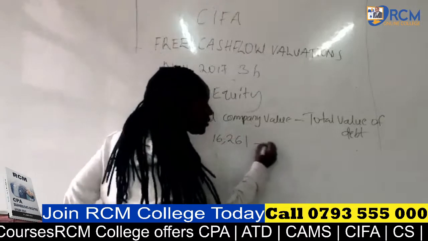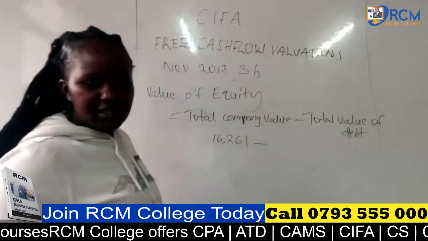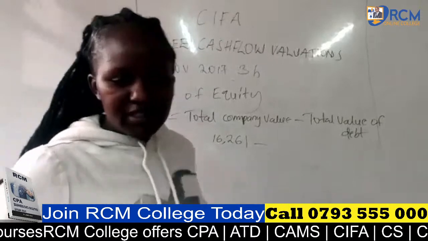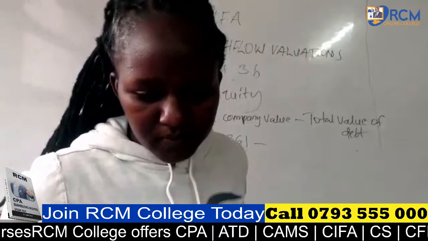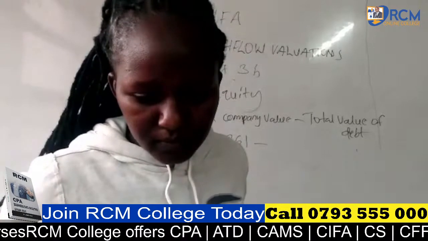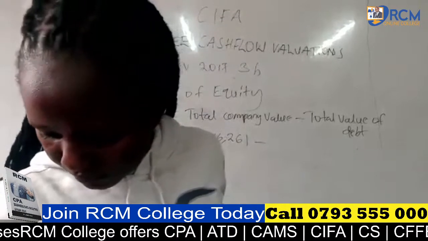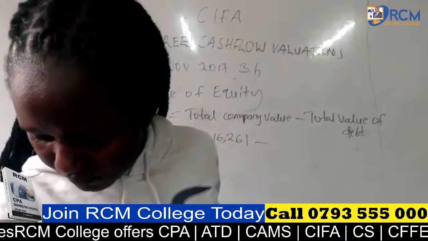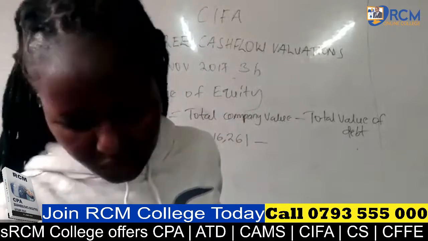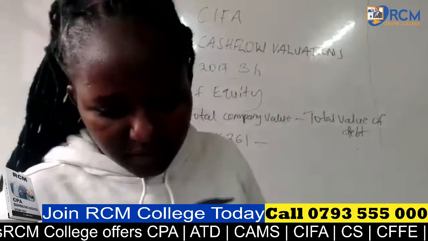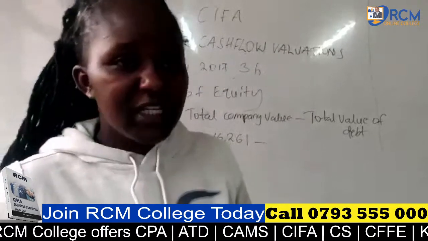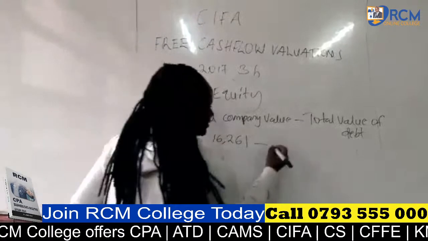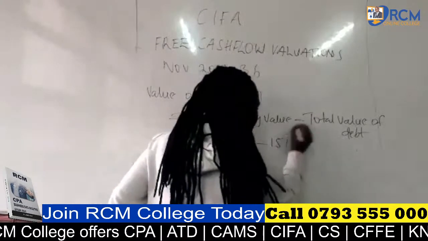16,261 minus what is the value of debt? What is the value of debt for this question? We are given that the long-term debt has a market value of 1518 million. So that is our debt, 1518.